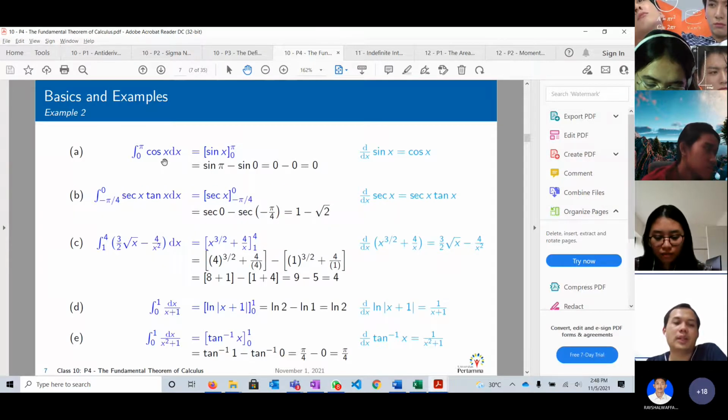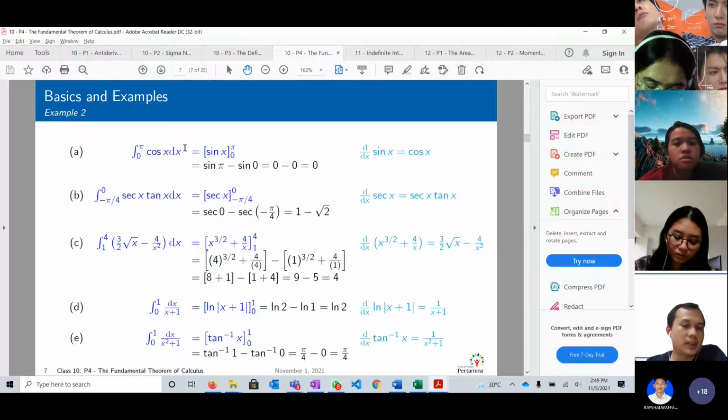For example, since we know that the antiderivative of cosine of x is sine of x, in this case we have that the integral from 0 to pi of cosine of x dx is basically sine of x.